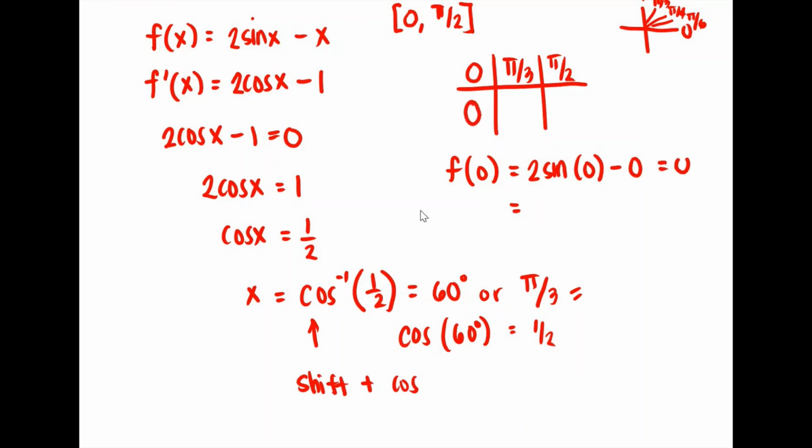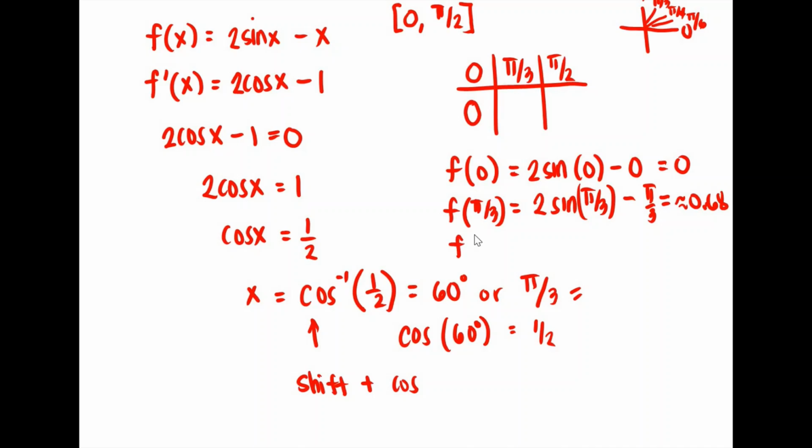So when x is pi over 3, we have 2 sine pi over 3 minus pi over 3. So that will give us, be sure, when we use the radian measure, your calculators should be on radian mode. So that will give us approximately 0.68.